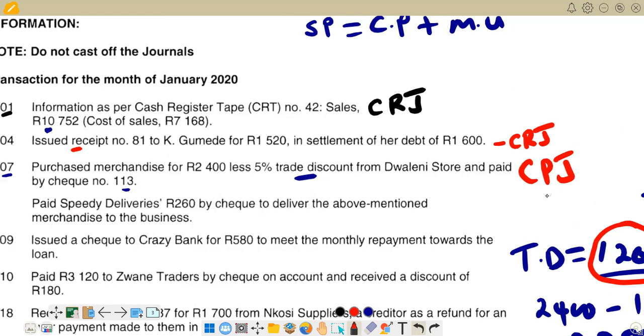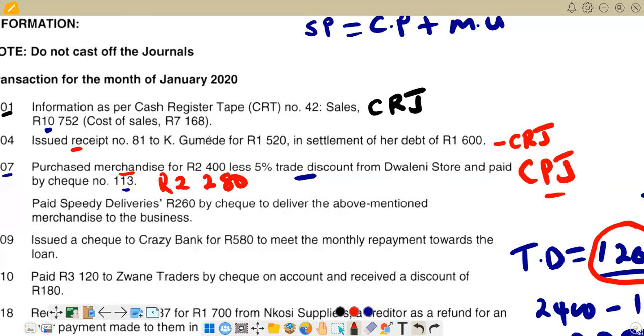So we are going to the cash payment journal, and then we are going to enter this 2,280 that we found there. Remember, this is the figure that we found here. So you're going to put it in the column for bank, since it's a payment, and then what we are purchasing is merchandise, which means this is trading stock, and we are going to put it under the trading stock column as well.